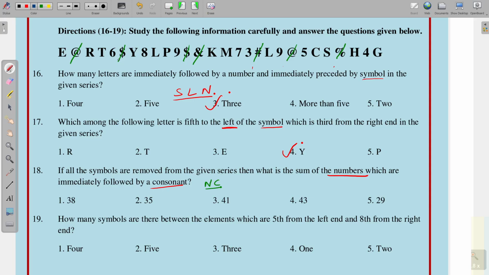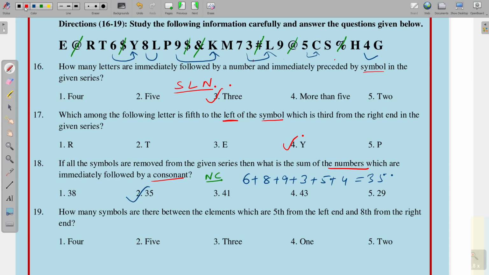See the first one here: 6 and Y. 6 plus next 8, plus after that 9 after K. So 9 and next 3 after L. So 3, again next 5 after C. So 5 and next 4. Okay, so 4 is placed. So 6 plus 8 is 14, 23, 26, 30, 35. So 35 is the answer.